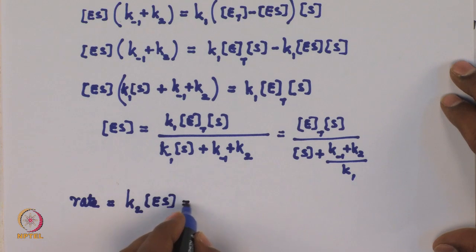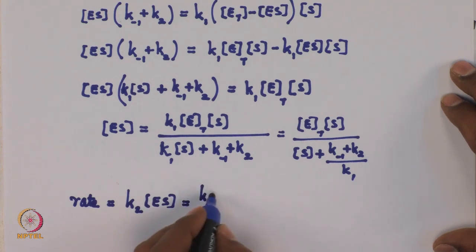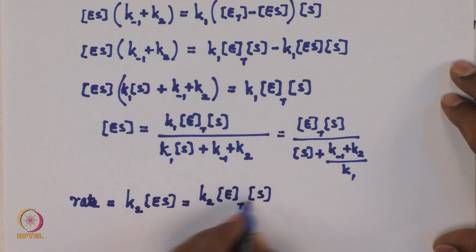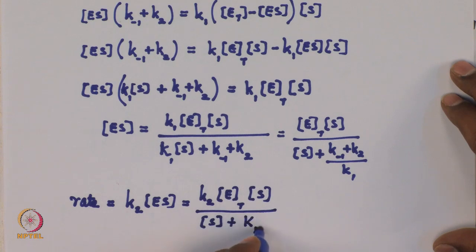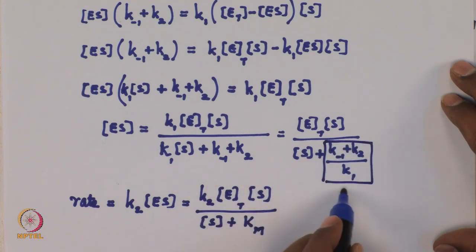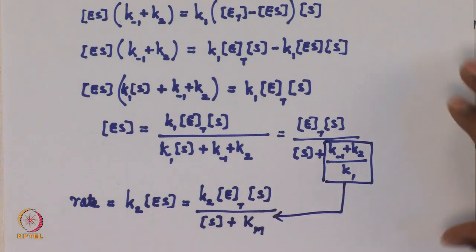So, this is equal to K2 into total enzyme concentration, substrate concentration over substrate concentration plus this is Michaelis-Menten constant, this one. Now, let us go back to the slide and take a look.